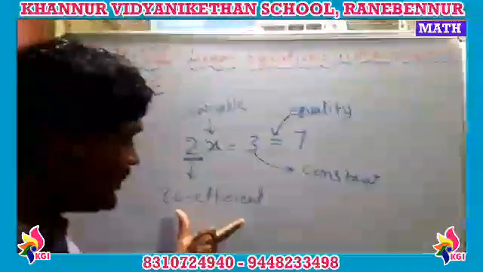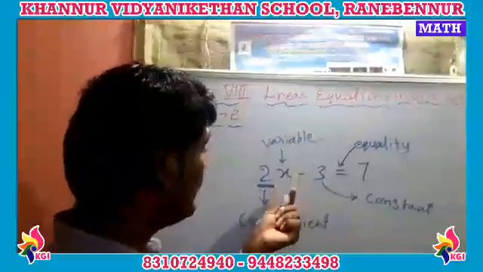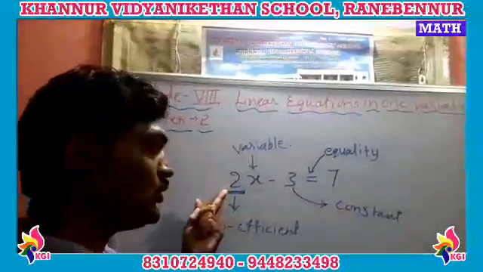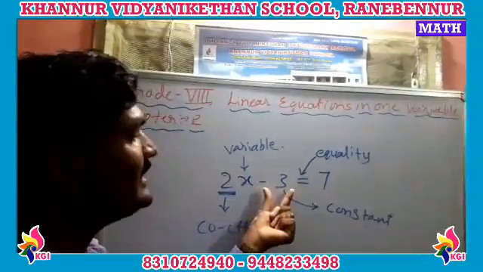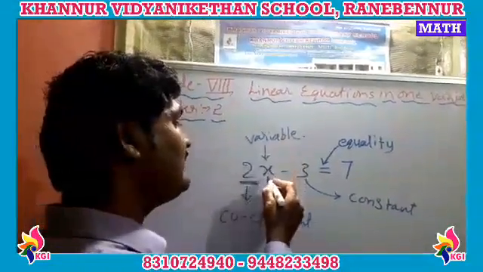So children, why is it called a coefficient? It is there along with a variable. So what is the coefficient of x? It is 2. Okay, so this minus 3 is separate, so it is called a constant. And x is called a variable.